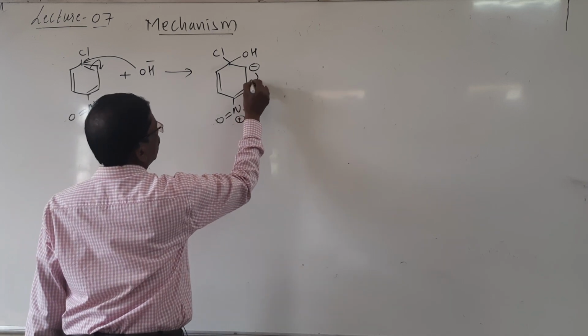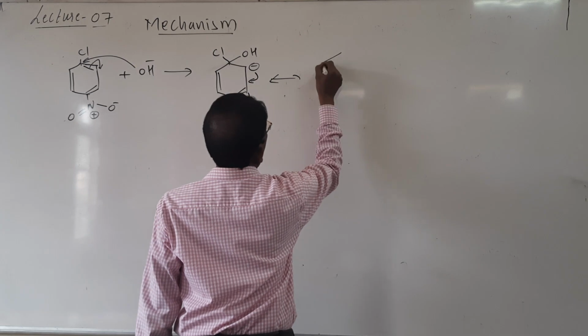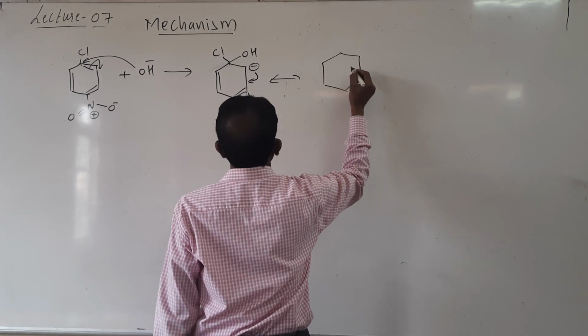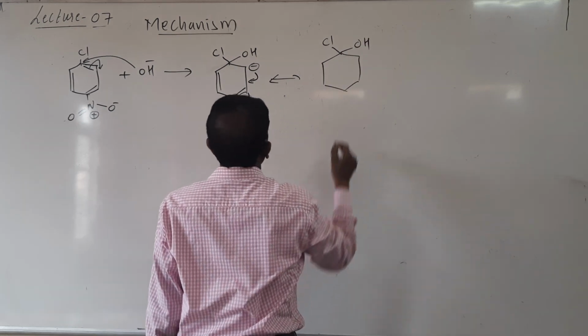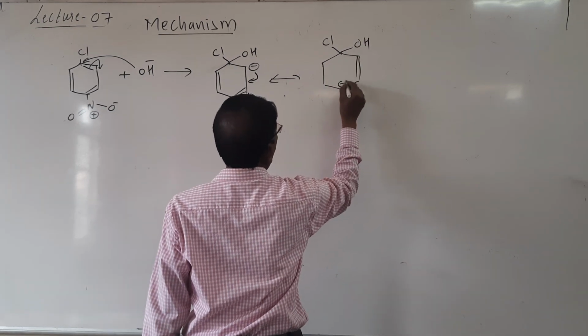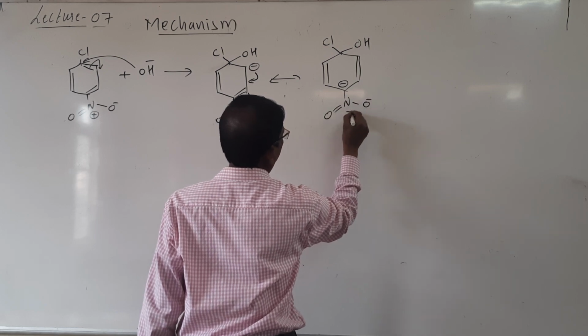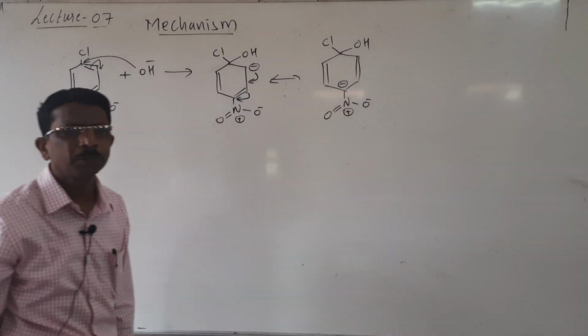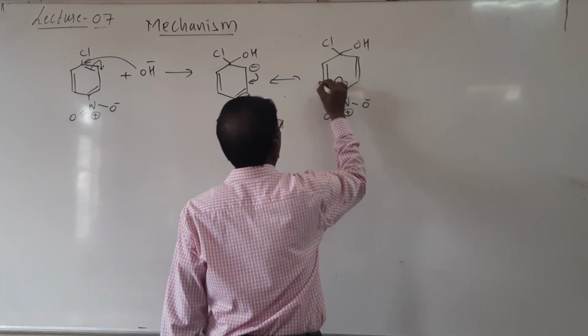Then this charge shifts here, and then it shifts again, forming Cl, OH. And again this charge shifts here and shifts here.